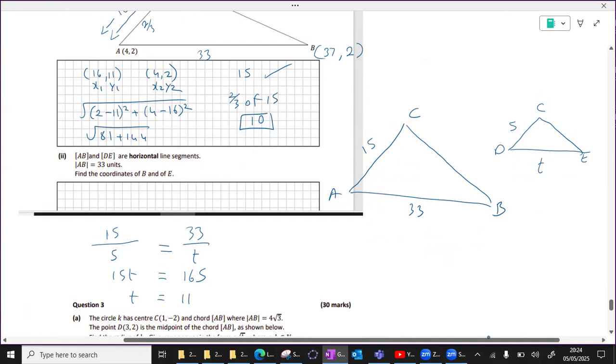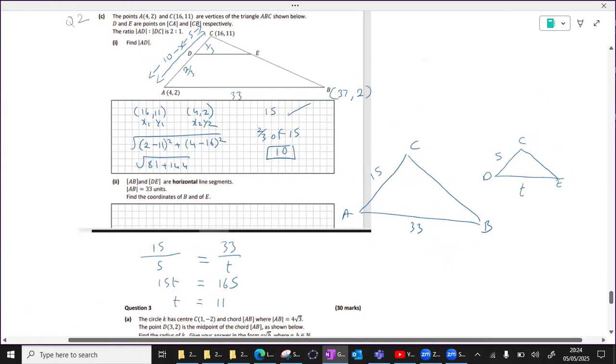Now, if T is 11 and D, did we have coordinates for D? So what we've discovered really is that it's 3 times as much. I probably could have guessed that actually, because 15 goes to 5, 33 goes to 11.